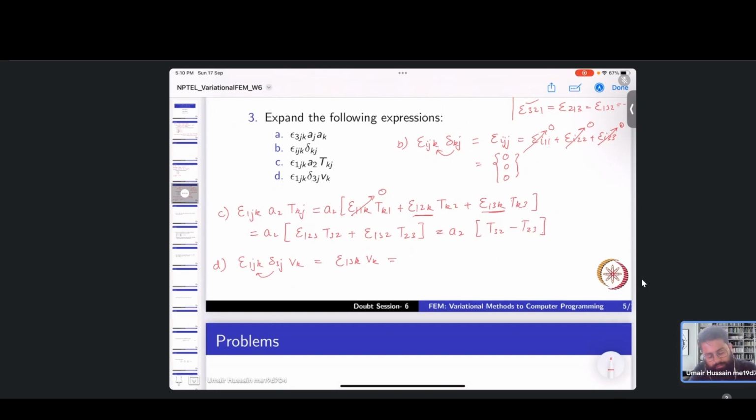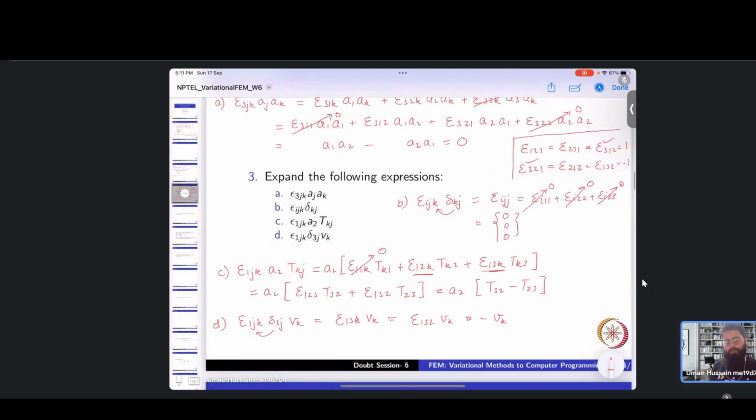So we can directly write it as epsilon 1 3 2 v2, and epsilon 1 3 2 is minus 1. I'm sorry, not vk, k equals 2. So I have minus v2 as the final answer.